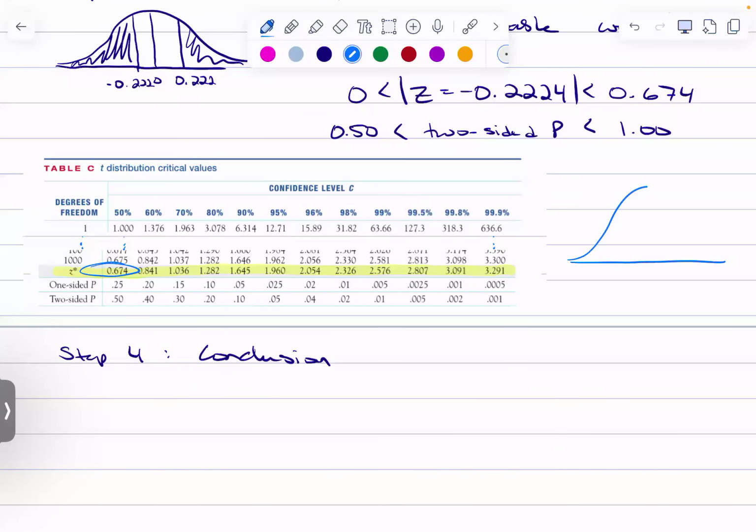Because if I have 90% here, then I have 10% left over for a two-sided test, so my alpha would be 0.1. If you want to use 0.05, that's fine too. Either way, we're not going to reject H0 because our p-value is huge.